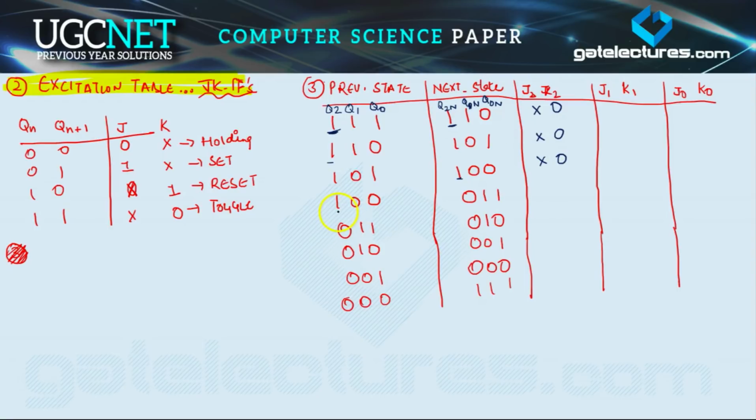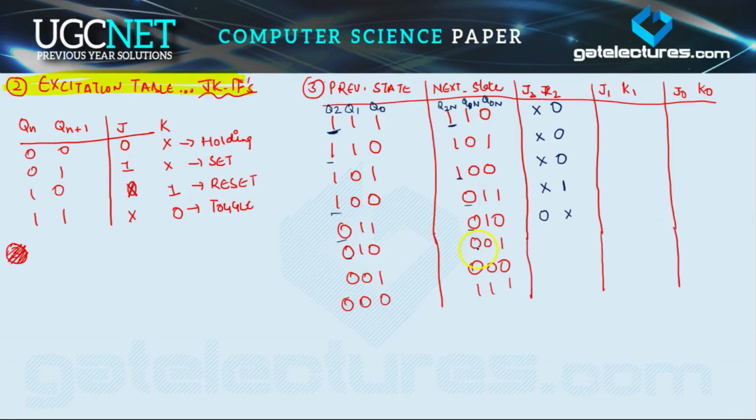If my previous state is 1 and the next state is 0, then the J and K values are don't care and 1. Previous state is 1, next state is 0, so the values are don't care and 1. Now my previous state is 0 and the next state is 0, then the values of J and K are 0 and don't care.